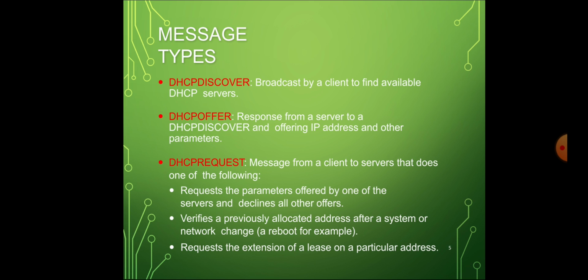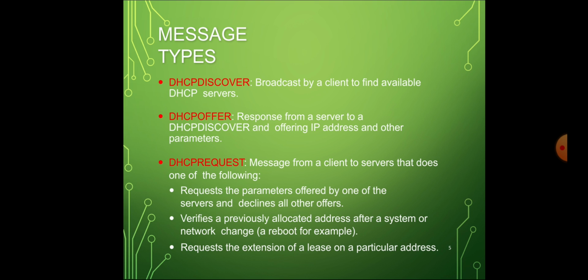Now DHCP request is a message from client to server that does one of the following: request the parameters offered by one of the servers and decline all other offers. Suppose I receive 3 offers, I will accept one offer and decline the other 2. Or verify a previously allocated address after a system or network change.